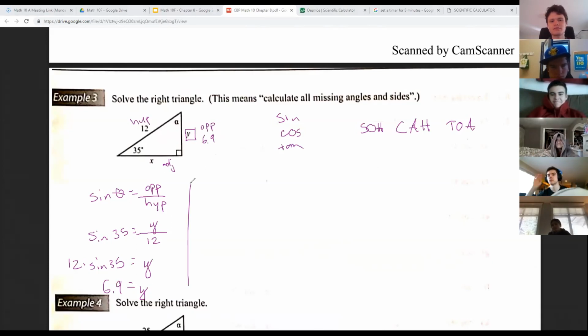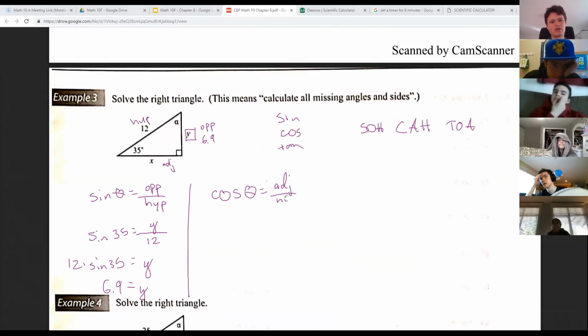To find our last one, we have a couple of options. We can actually use the Pythagorean theorem if you feel like it. Or we now realize that I can use the cosine ratio, adjacent over hypotenuse. Cosine 35 equals x over 12.